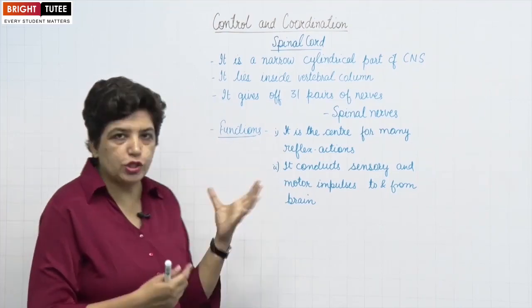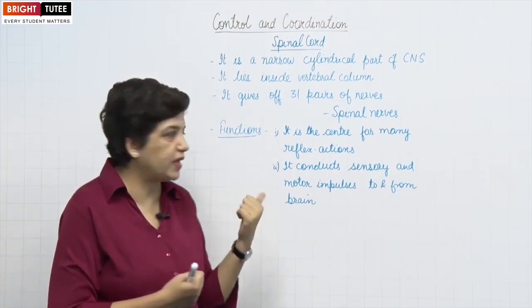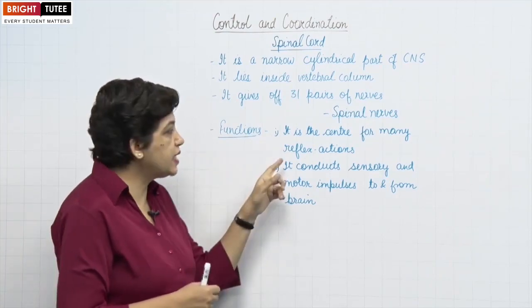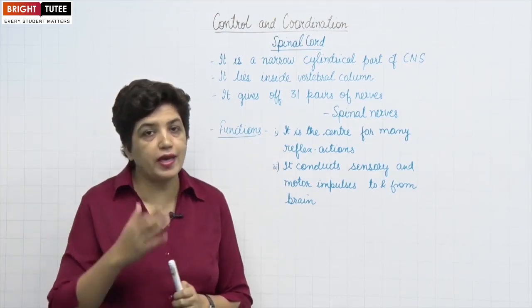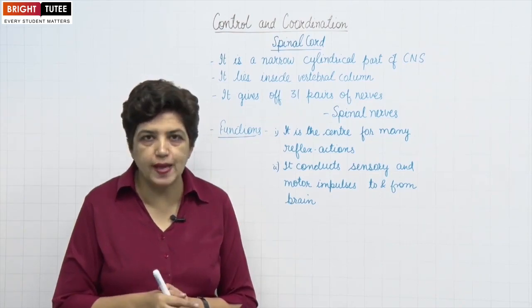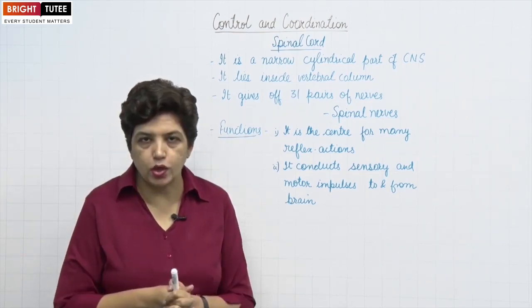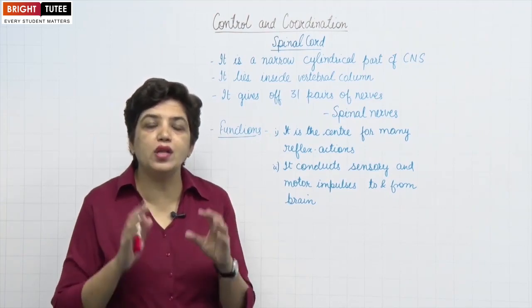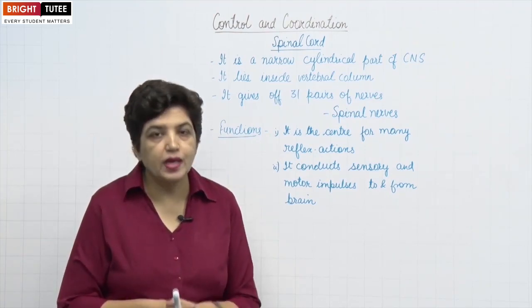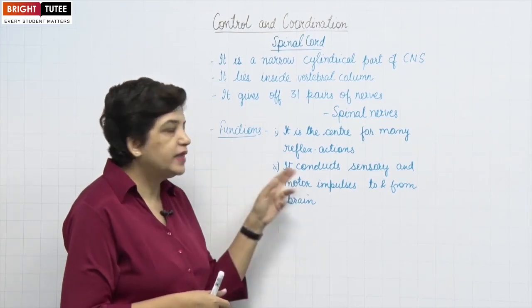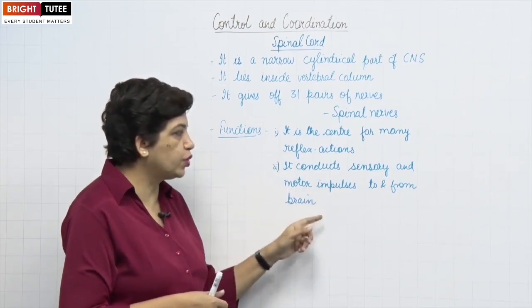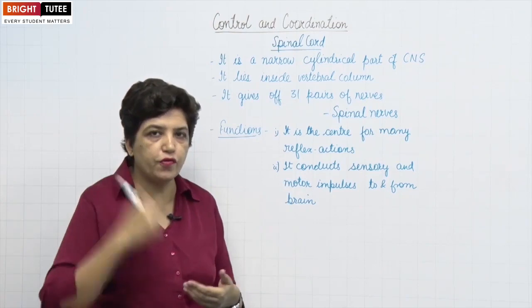What are the two main functions of the spinal cord? Firstly, it is the center for many reflex actions. As I just told you under the topic of reflex arcs, many reflex actions are completed by the spinal cord. This lowers the load on the brain. The second important function is that it conducts sensory as well as motor impulses to and from the brain.